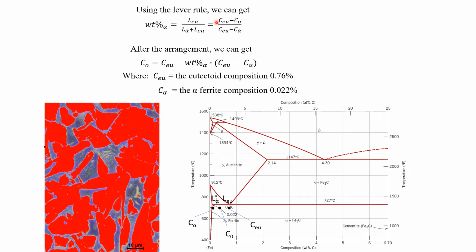After some rearrangement, we can get the composition equation that looks like this. Here, the weight percentage of alpha is what we measure from the image analysis of the software from the microscope. C eutectoid is a constant here, which is 0.76%, and C alpha is also a constant, which is 0.022%.